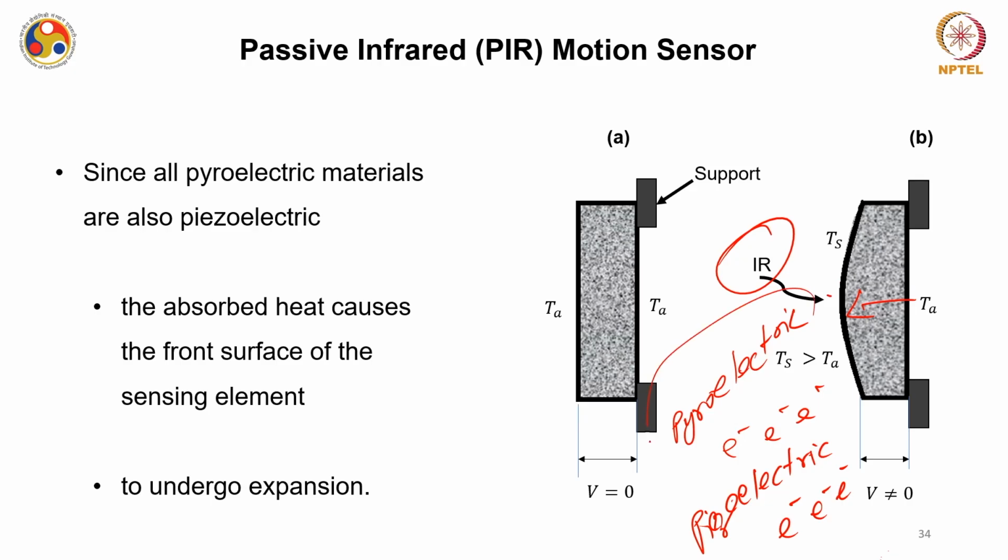The pyroelectric material is generating some electrons, and because of this stress-induced effect, there are some charges, which is the piezoelectric phenomenon. Both are being collected at these two electrodes.